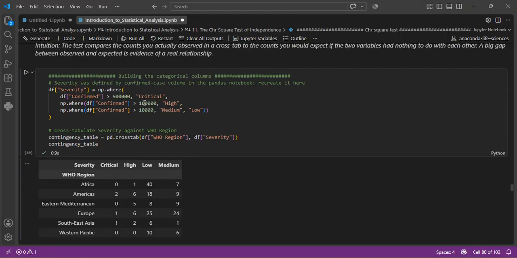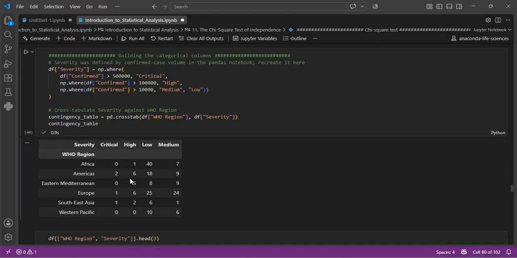And then we are providing the number of each of the severity categorical values based on the WHO region. So Africa, how many African countries had critical cases? 0, high 1, low 40, medium 7, Americas 2, and so on and so forth. Do you get it?